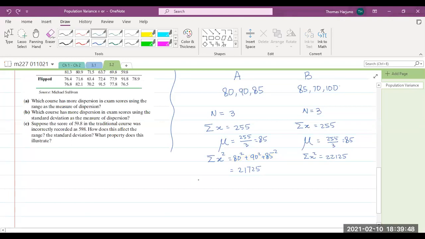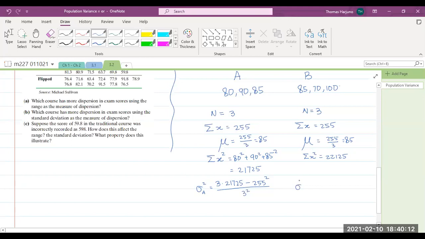Now then, the variance for A will be sample population size times the sum of the x squared minus the sum of x being squared over population size being squared.